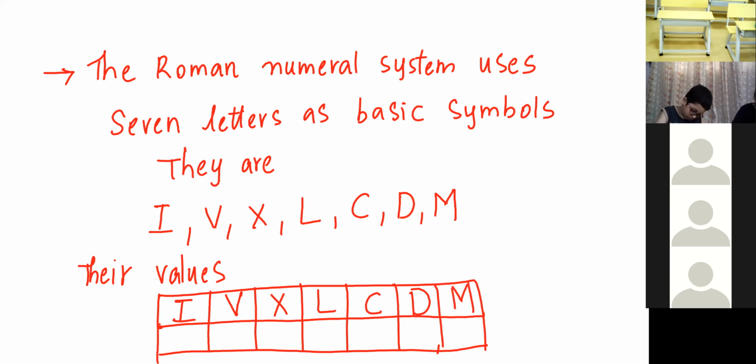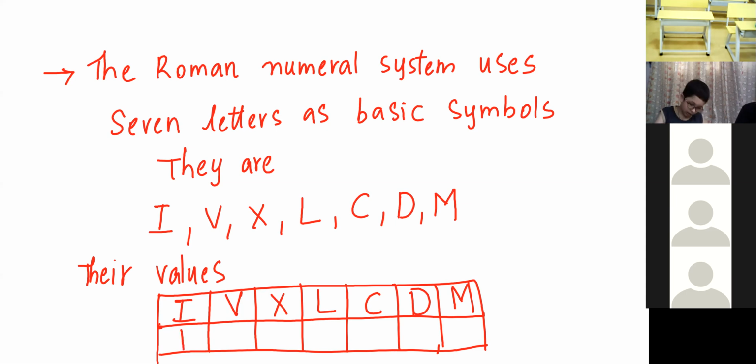Remember one more thing also. Romans did not use 0. In this system we cannot find 0 anywhere. They did not use 0 at all. Okay. The value of I is 1.